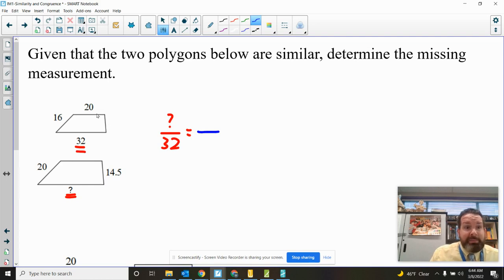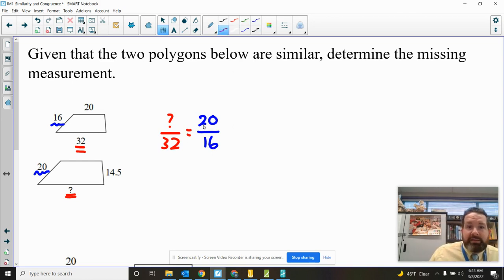Up here I have the top measurement, but on the lower figure I don't have the top measurement. But on the left side, now we're in good shape. I've got a 20 down here and a 16 up here. So if the question mark was on the top of the first fraction, the 20 is on the top of the second fraction. And this is now something that you can cross multiply and solve.